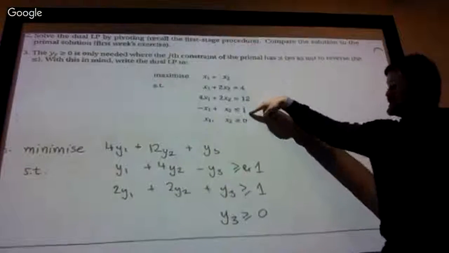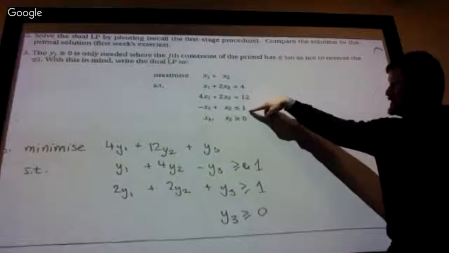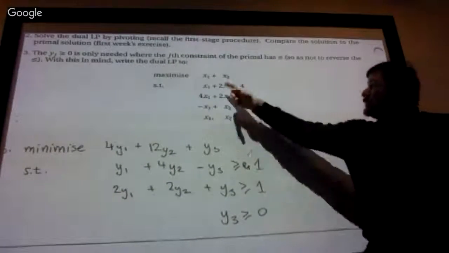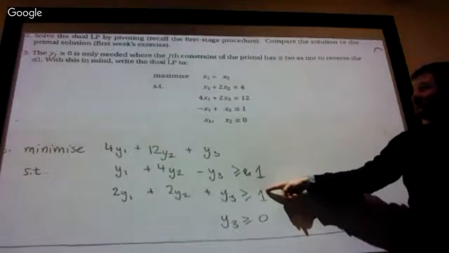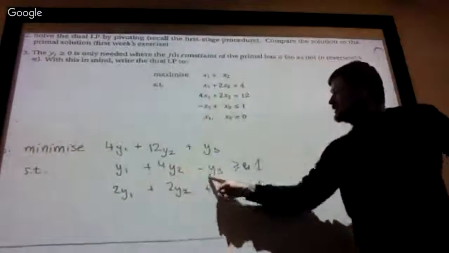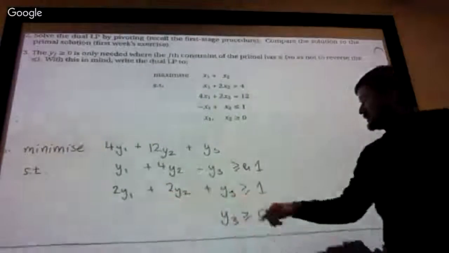Three constraints. So there are three y's: y1, y2, y3. 4, 12, and 1 go in the objective. 1 and 1 go into the right-hand side. First constraint is 1, 4, minus 1. Second constraint, 2, 2, 1.